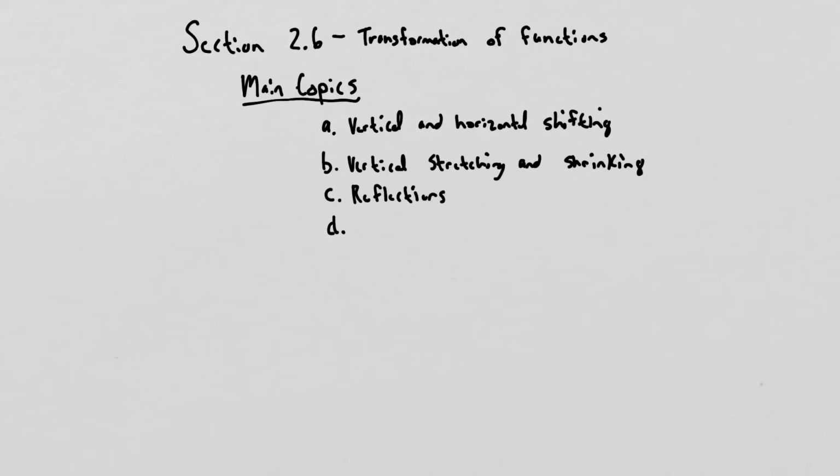And then in the last section that deals with transformation of functions, we'll talk about horizontal stretching and shrinking. Then, in the final section, we'll introduce this idea of even and odd functions. These type of functions are going to be invariant under certain kinds of transformations.